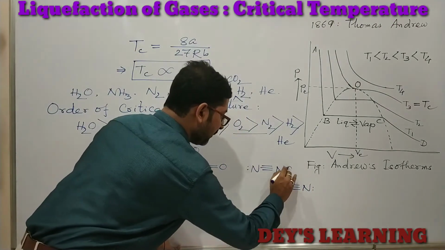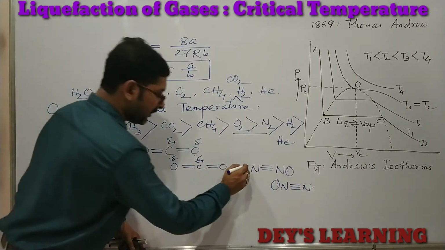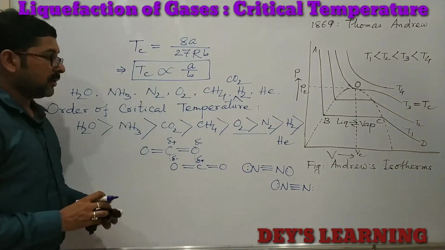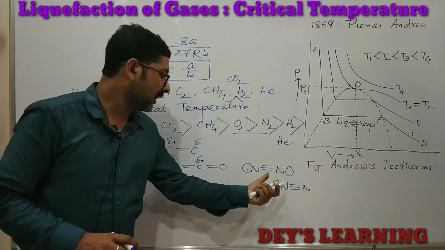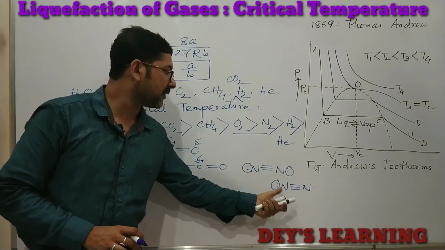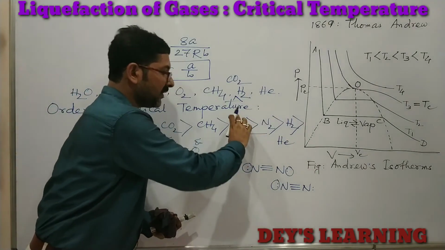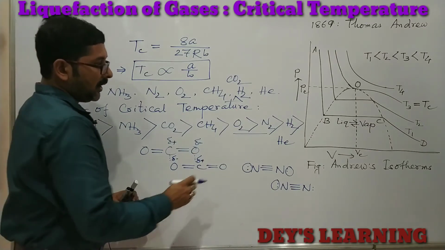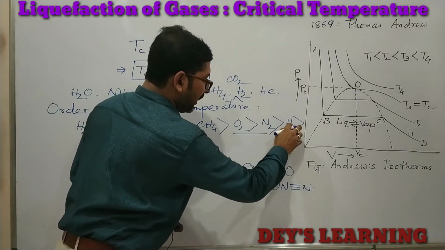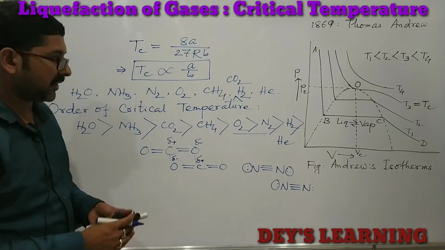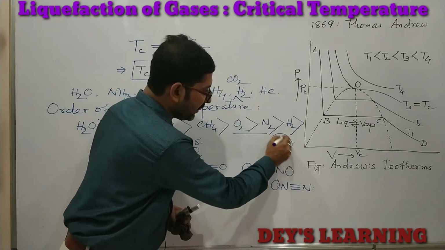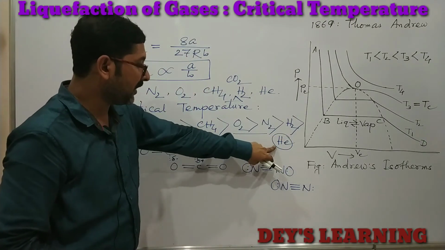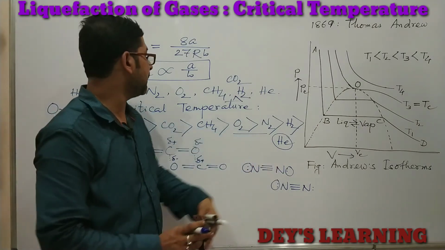This lone pair, there will be repulsion. So the intermolecular attraction force of nitrogen is lesser than that of oxygen. And of course in hydrogen there is no such effect, and helium is a monoatomic gas, so the intermolecular attraction force is minimum here.